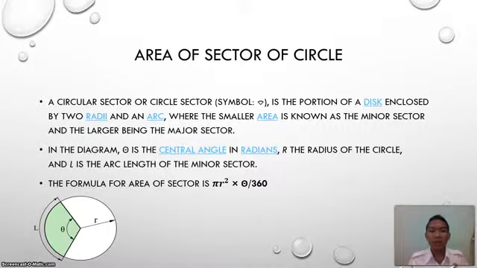In the diagram, theta is the central angle in radians, r the radius of the circle, and L is the length of arc of the minor sector. You can see in this diagram, the minor sector is the bold one. For the area of sector of circle, the formula is pi r square times theta divided by 360.